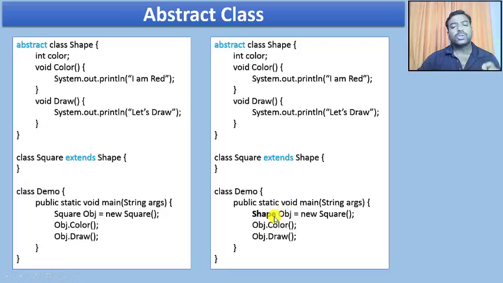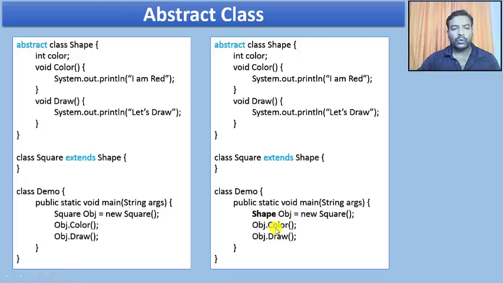If you remember, in the earlier sessions of this Java programming, I told you that a superclass object as a reference variable can hold the address of the subclass objects. That is what we are doing here. Shape is a superclass, Square is a subclass, and the object reference of a subclass has been saved in the reference object of a superclass.